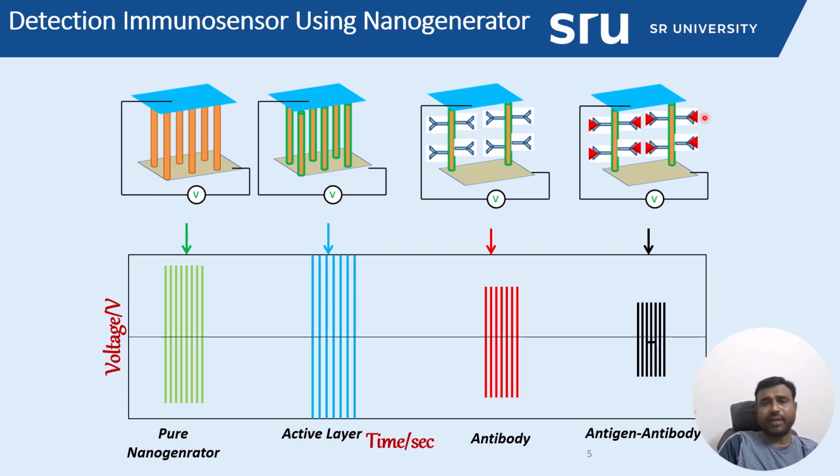Otherwise, it will not bind. For example, solution A has been added. It has a different antigen, but does not contain the specific antigen. What will happen? When interacting here, there is no antigen antibody interaction, so we will observe a similar voltage. From this we can easily understand that no reaction happened in the solution.